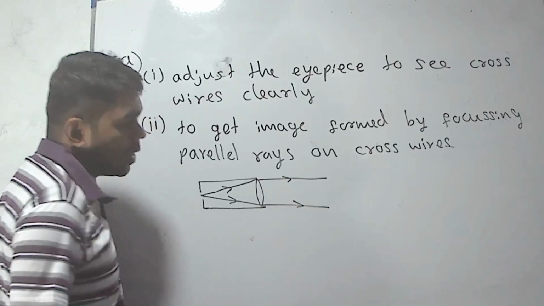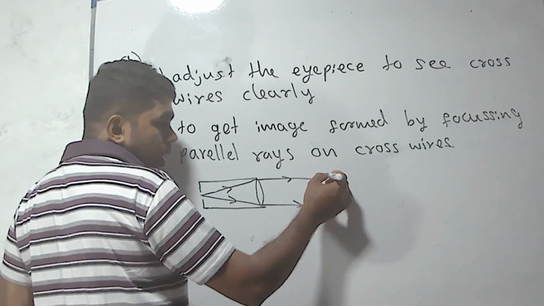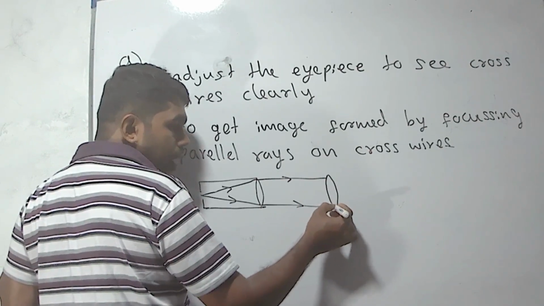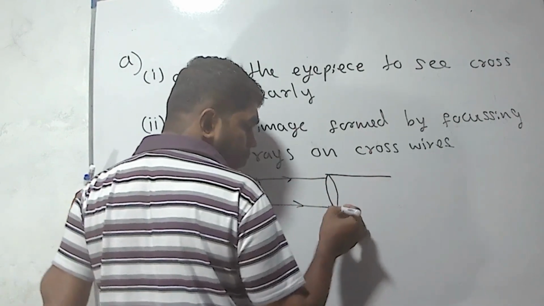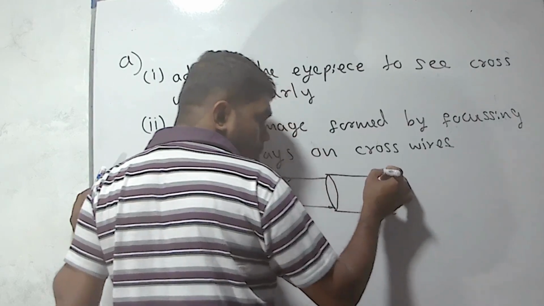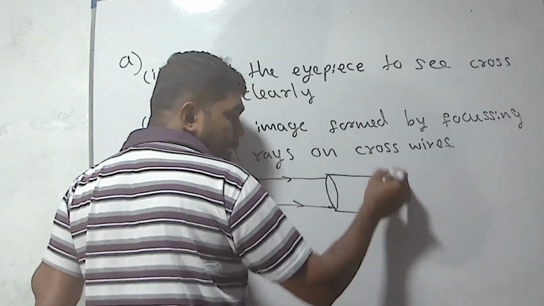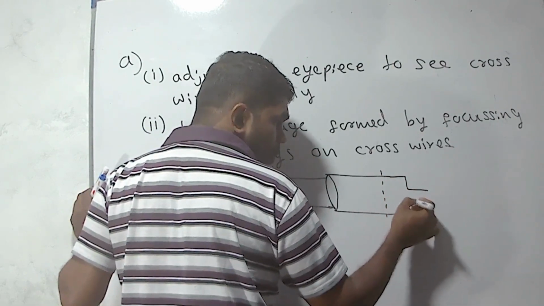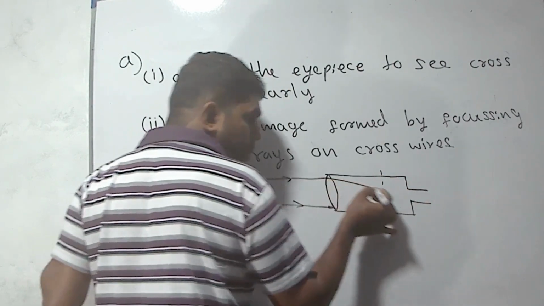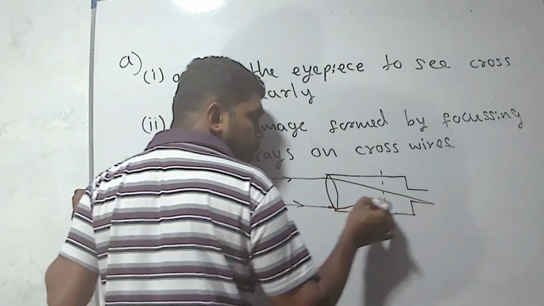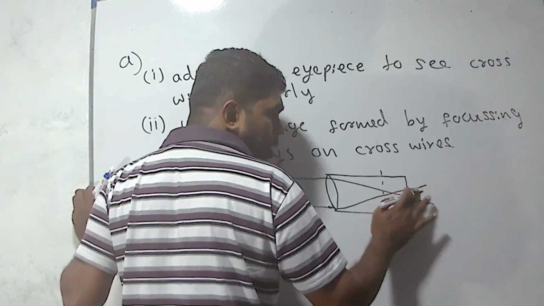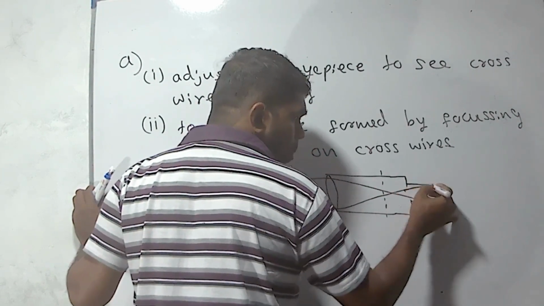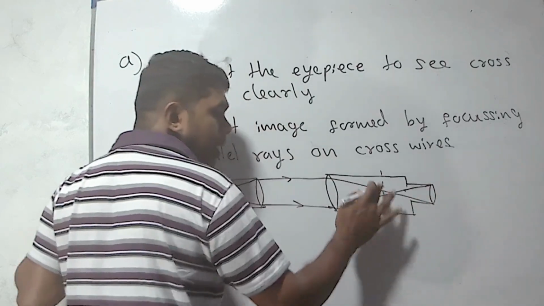And we have to adjust the telescope to obtain parallel rays to make an image on the crosswires, like this. An image should be formed on the crosswires and we can see the image on the crosswires.